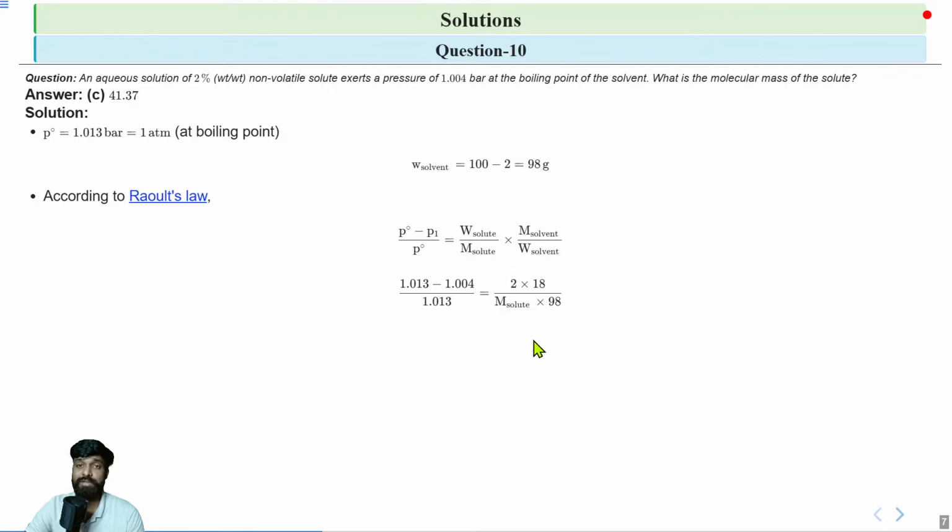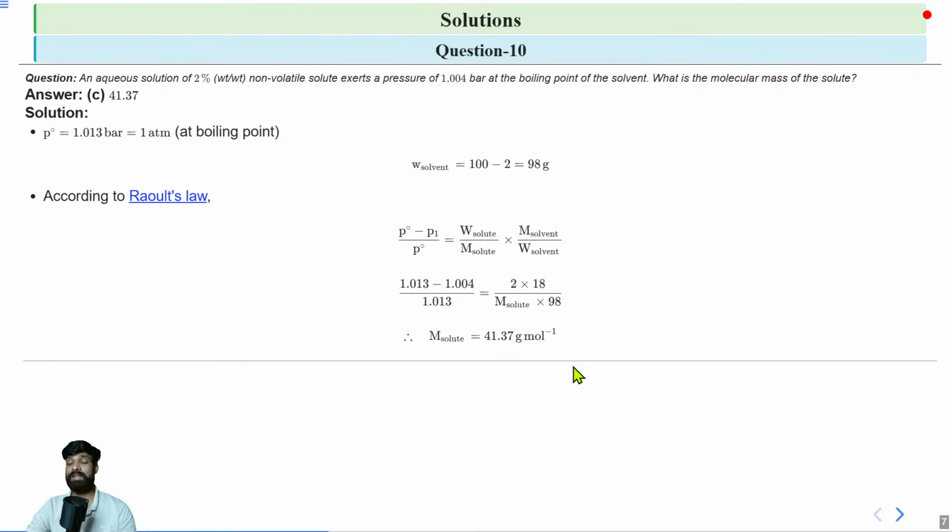Here we have the weight of the solute 2. Since it is an aqueous solution, the molar mass of the solvent, water, will be 18. Next, we have 98 gram of the solvent. We put it here and calculate the molar mass of the solute. This will come out to be 41.37 gram per mole.